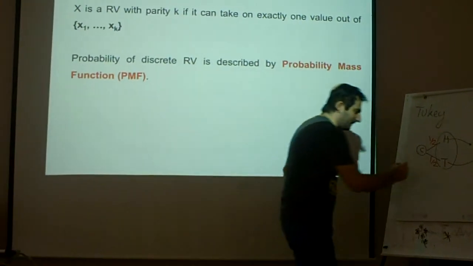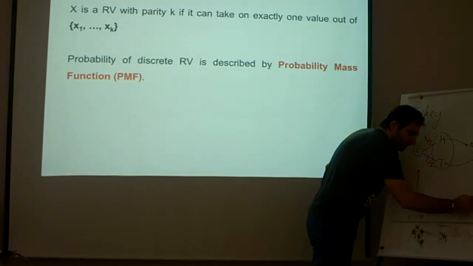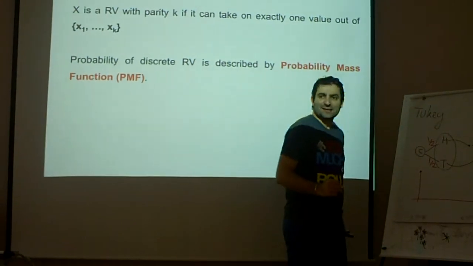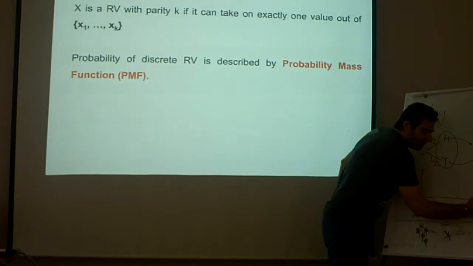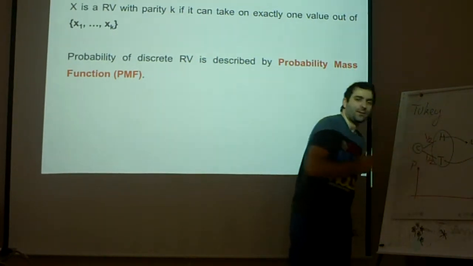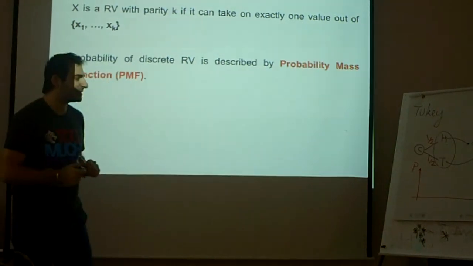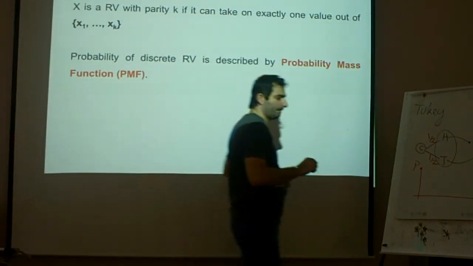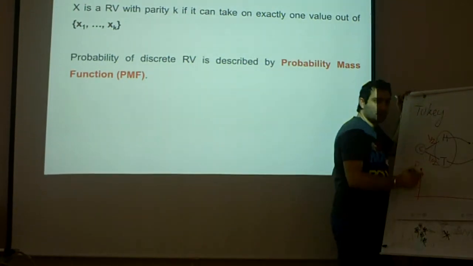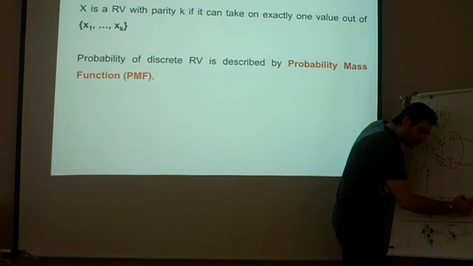PMF is this. The x-axis is my random variable, and the y-axis is probability. Now, can you tell me what are the random variables that I have? 1 and 2.